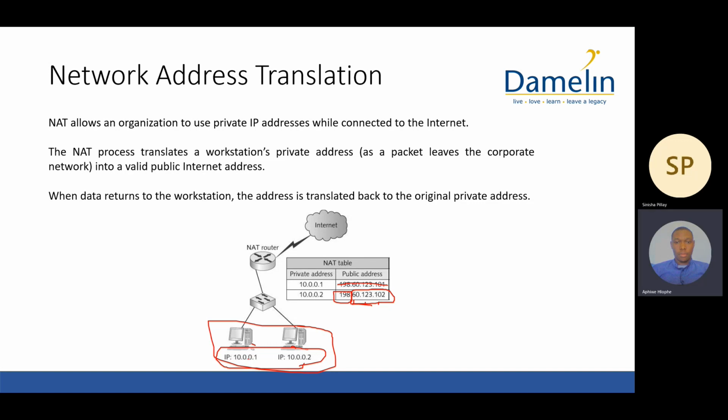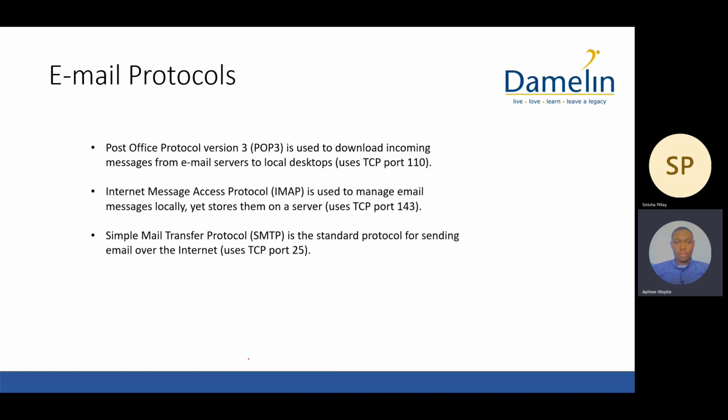We're going to talk later about the use of these private IP addresses and how DHCP actually helps to assign them. So, common email protocols. You may have seen these somewhere when asked to configure email settings on a phone, or in Outlook; you need to play around with these protocols.